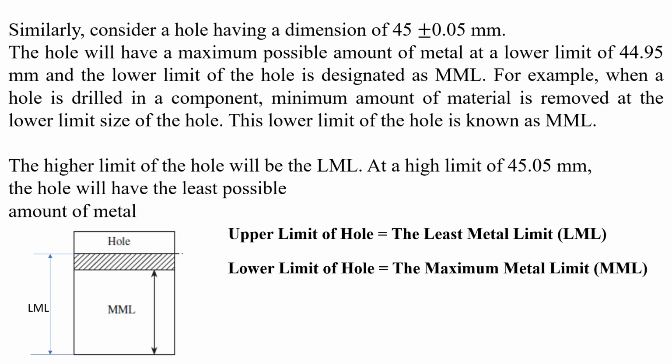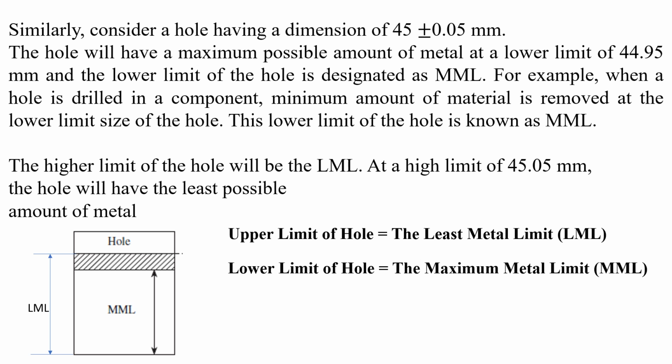Similarly, we will discuss the least metal limit and the maximum metal limit for the hole. So let's consider the hole having the dimensions of 45 plus or minus 0.05 mm. The hole will have the maximum possible amount of metal at a lower limit of 44.95 mm, and the lower limit of the hole is designated as the maximum metal limit.